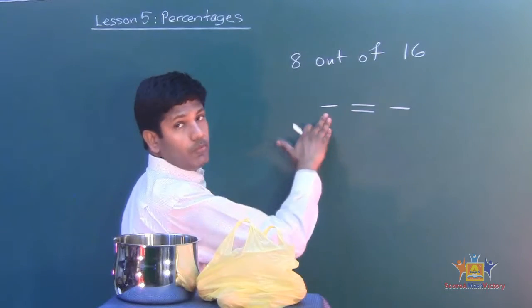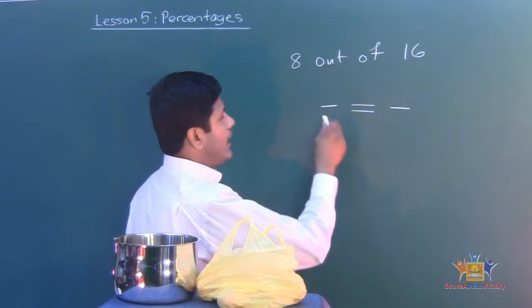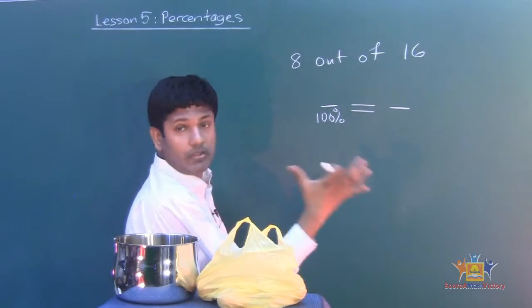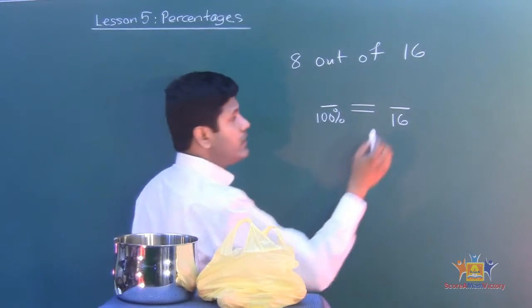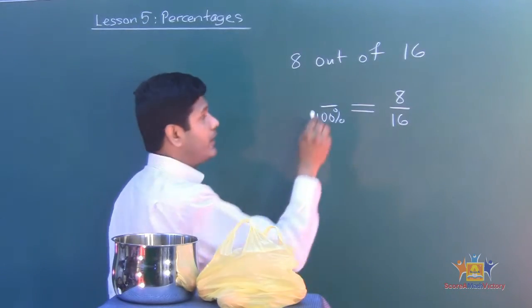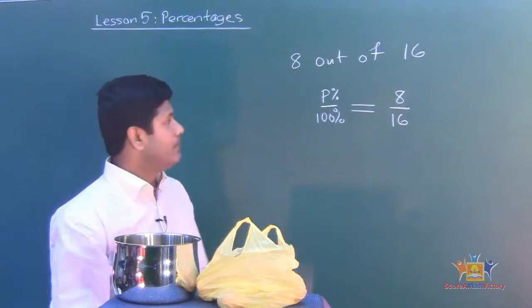On this side, I'm always going to keep the percentage. On this side, I'm going to keep the numbers. We know that 100% is how many potatoes? 16. So that's the whole thing, 100%. Now this time, we know the number of potatoes, but we're looking for the percentage. Exactly, we're looking for the P, the percentage.